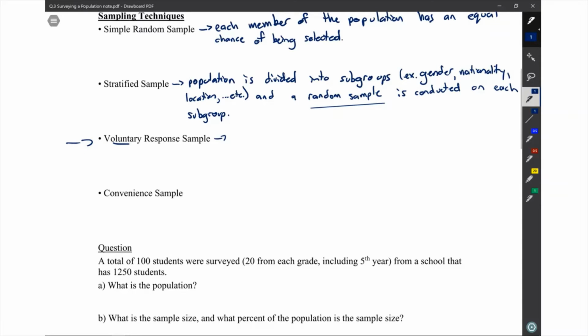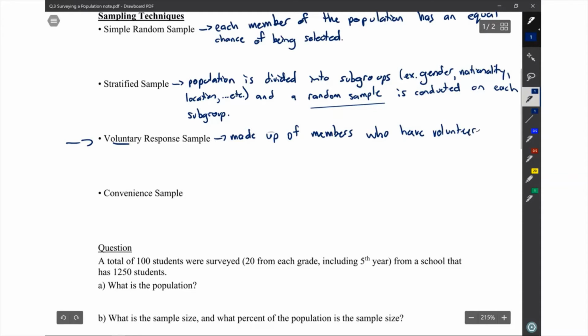So a voluntary response sample is a sample made up of members who have volunteered to respond.